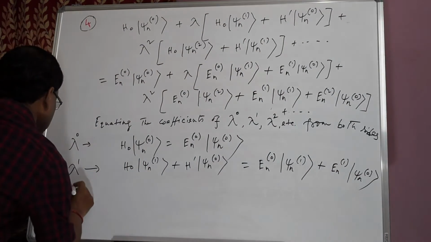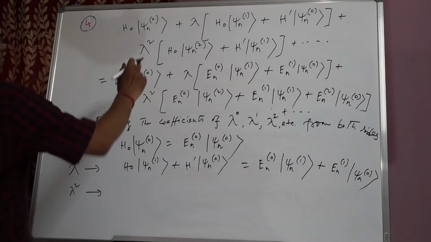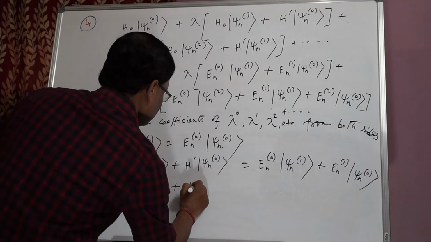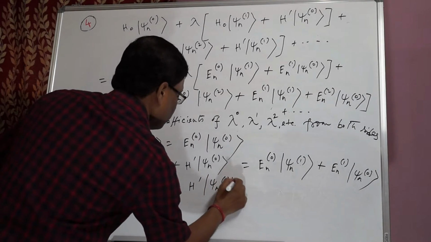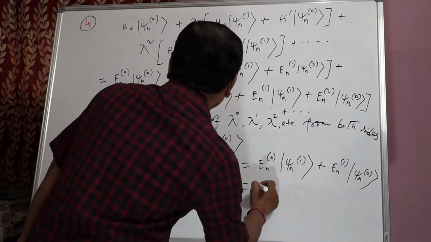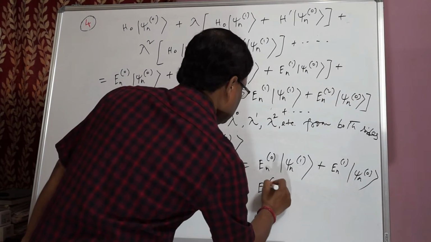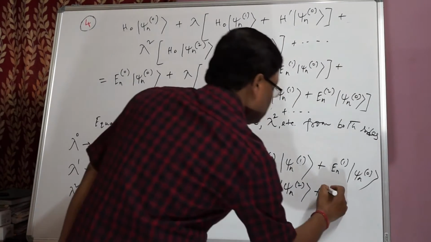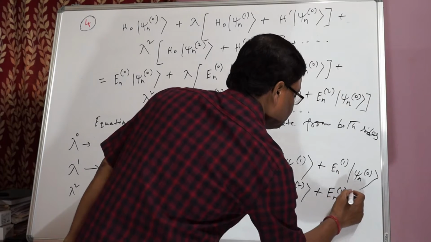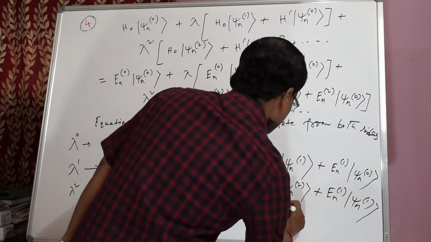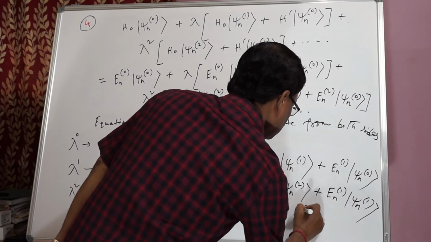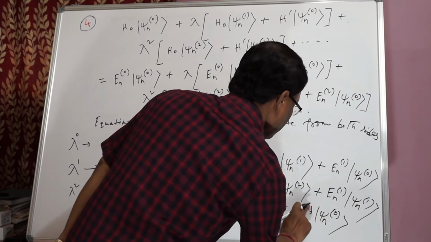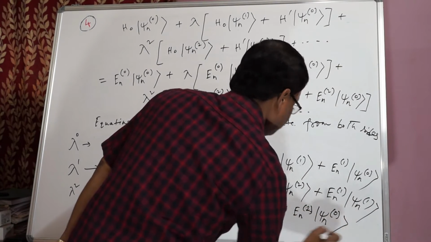Similarly from the lambda square part we get H0 psi n2 plus H prime psi n1 from these two parts, so I get En0 psi n2 plus En1 psi n1 plus En2 psi n0, and so on.